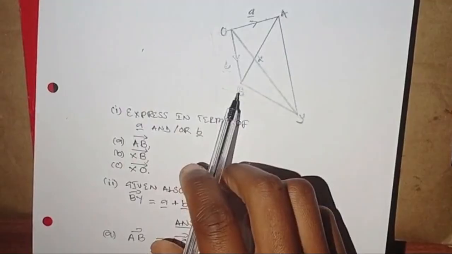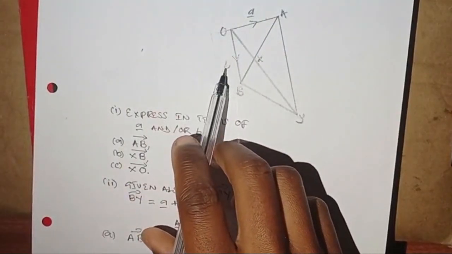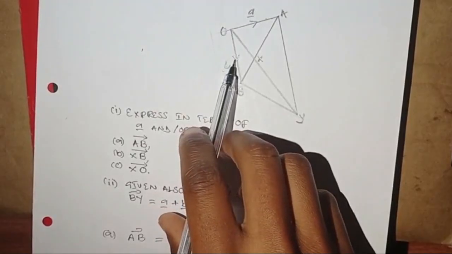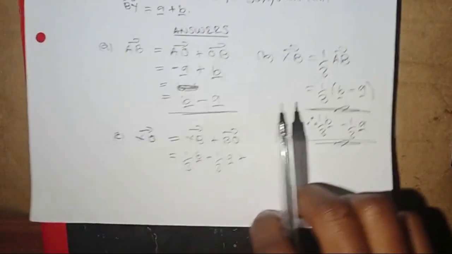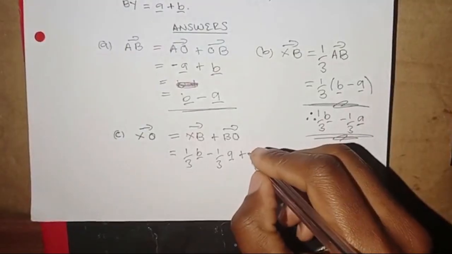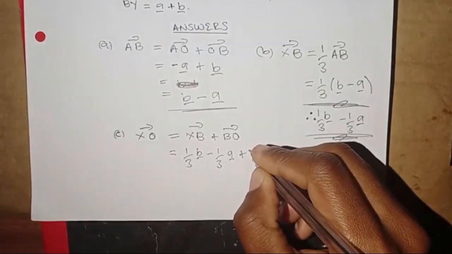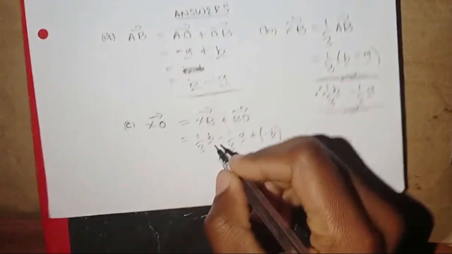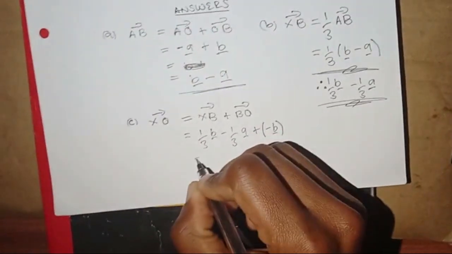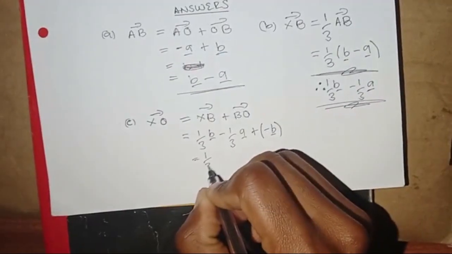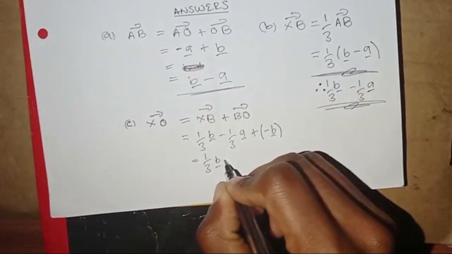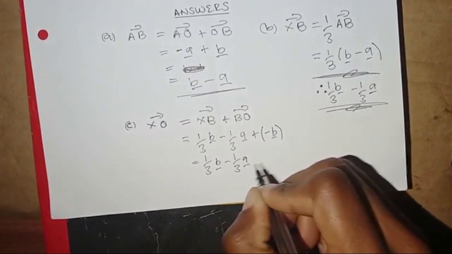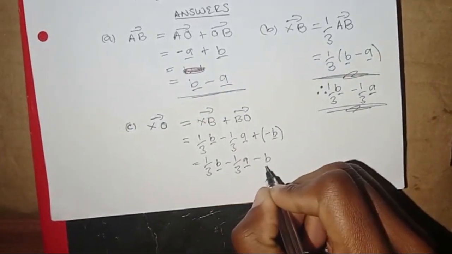As you can see, BO is that value, which is B. Now, since we are moving in the opposite direction of that vector, it's going to be minus B. So we made a mistake there. It was supposed to be a minus B. Let us rewrite that real quick. Minus 1 over 3 A, minus B.